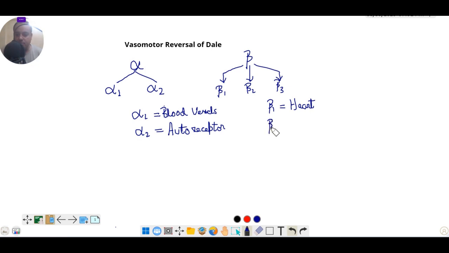Beta 2 is located in the bronchus as well as in the blood vessels. And beta 3 is located in the adipose tissue.